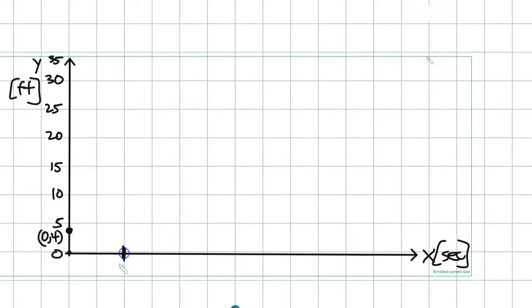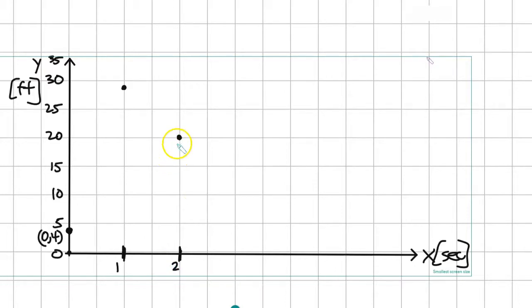So let's say 1 second is right here. At 1 second, we know we're at 28 feet. So that's around here. And then at 2 seconds, there should be a point here, right?